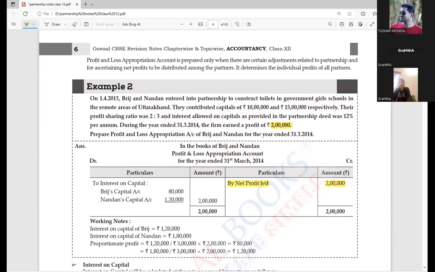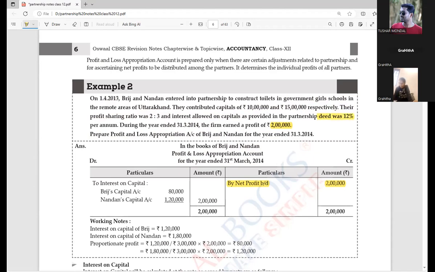Fine, as per the format. Is it okay as per the format? Yes, sir. Next, before distributing the profit, we are going to give interest on capital. Interest on capital is given how much as per the deed? 12%.